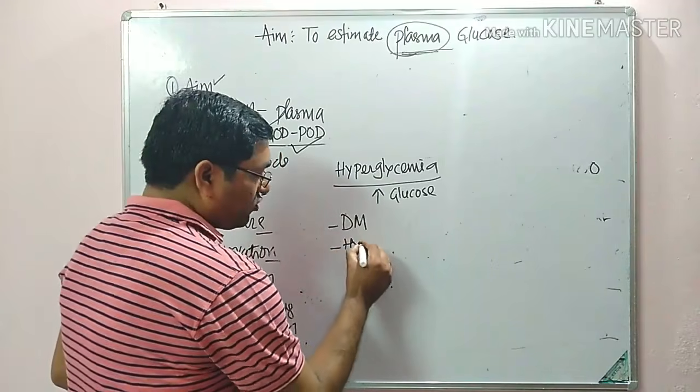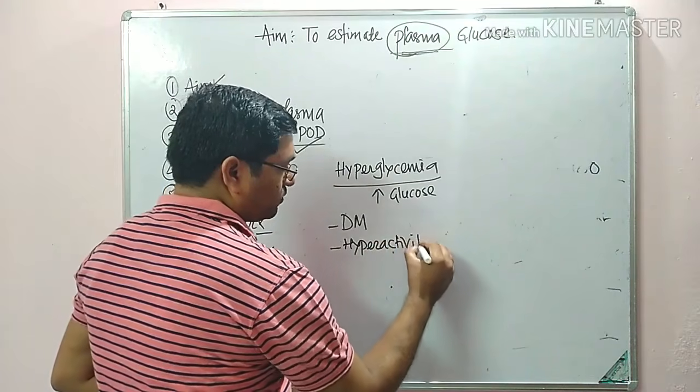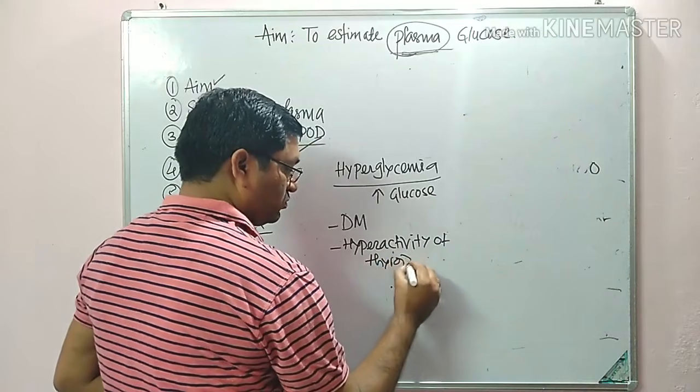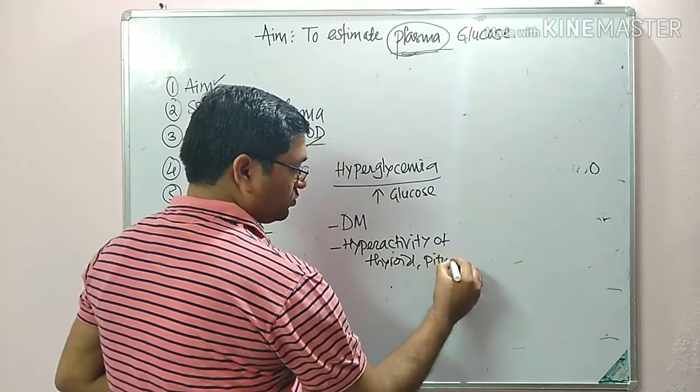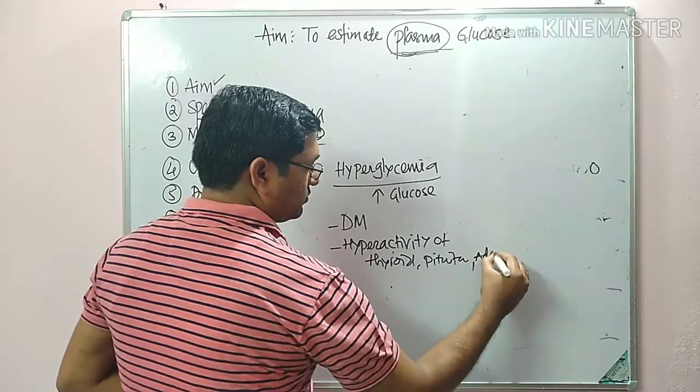Then hyperactivity of all three glands: hyperactivity of thyroid, pituitary and adrenal gland.